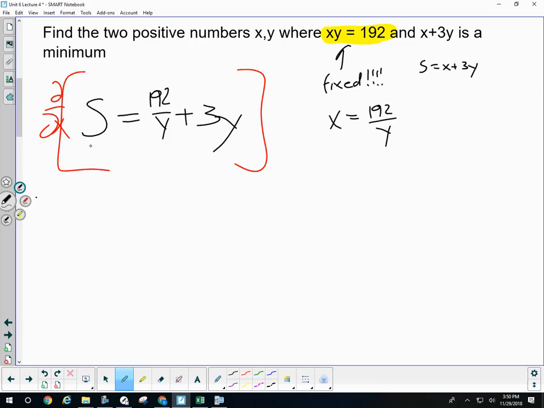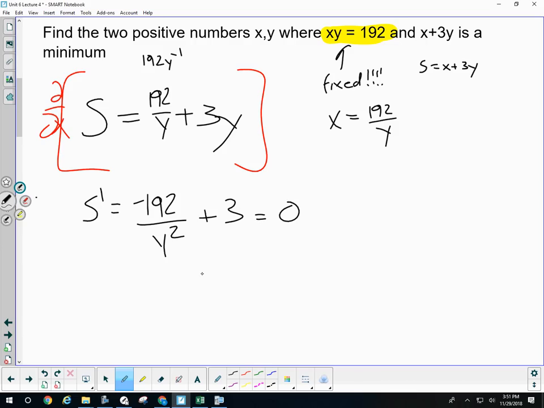Okay? Now let's take the derivative. I'm going to say s prime equals 192 over y, that's 192 y to the negative first, plus 3y. Take the derivative: negative 192 y to the negative second. So that's negative 192 over y squared plus 3. What do I do with this derivative, Mr. Barker? I set it equal to 0. I'll subtract 3.